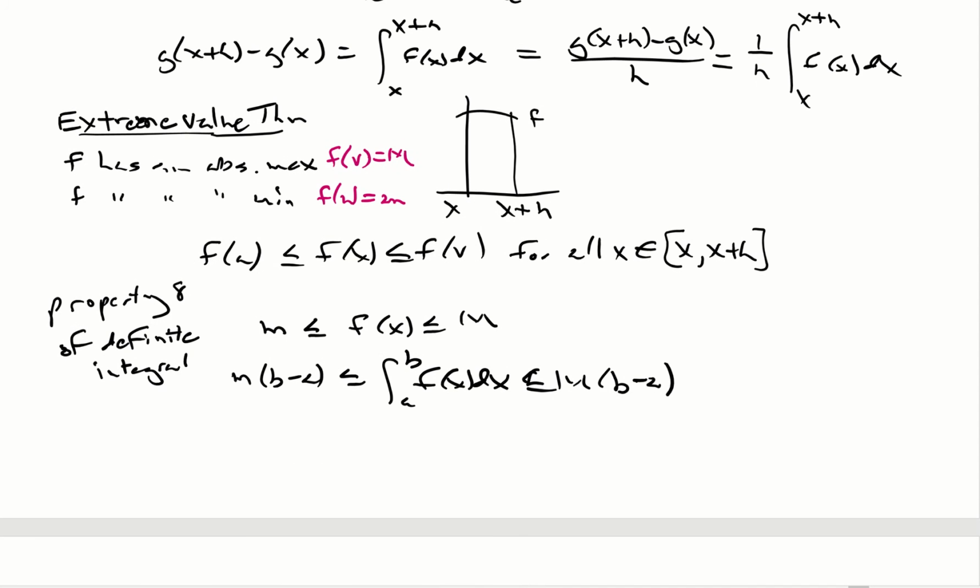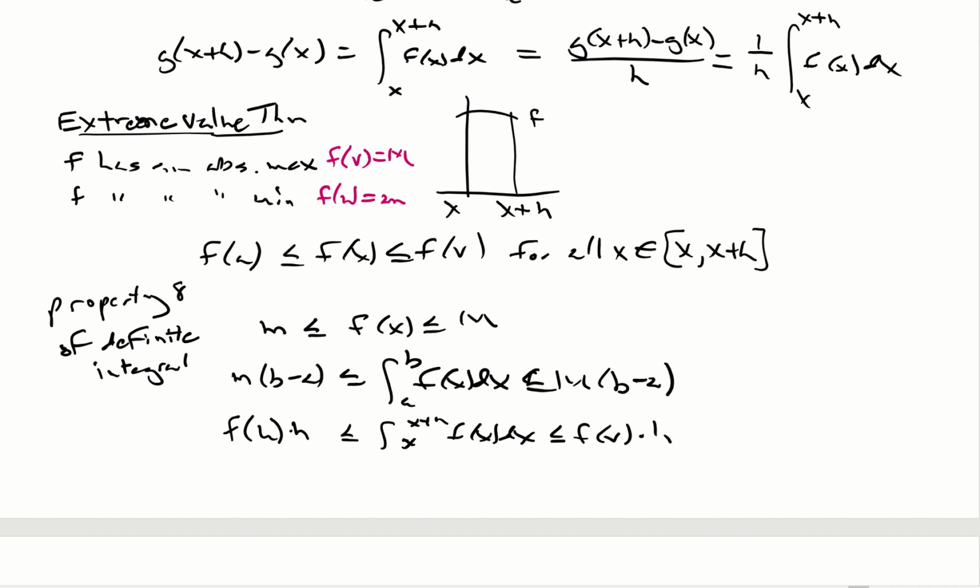Now, that's a property, but in our case, the lettering changes on you. I'm running out of room. So what happens is, in our case, it is f of u times little h is less than or equal to this integral from x to x plus h of f of x dx, which is really g of x, is less than or equal to f of v times h.